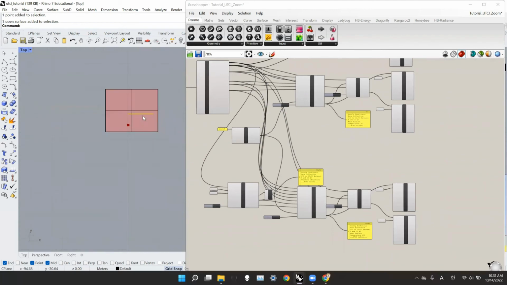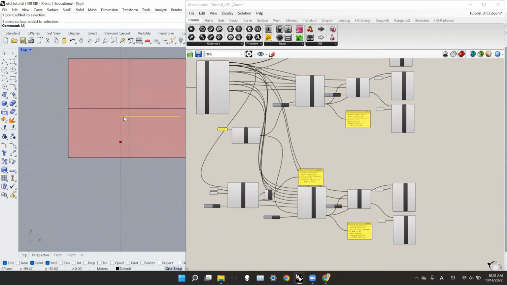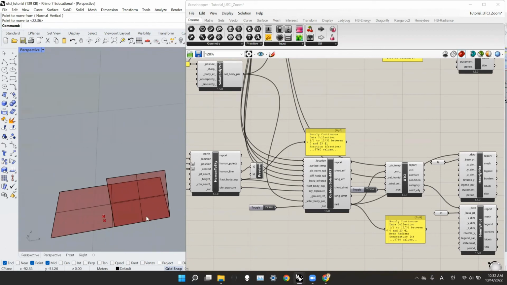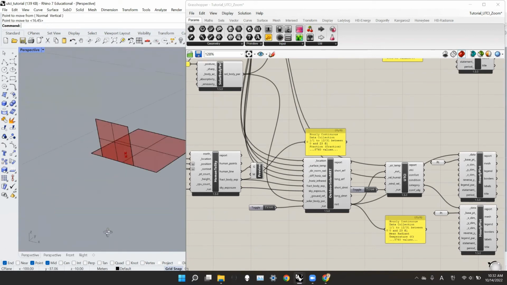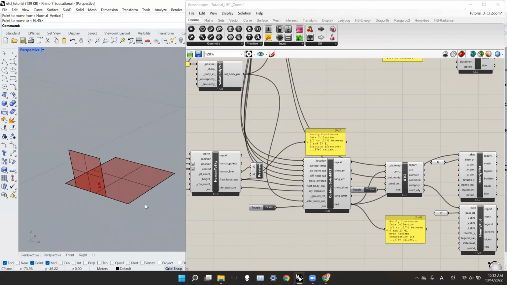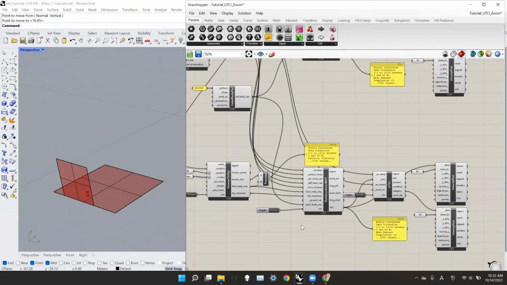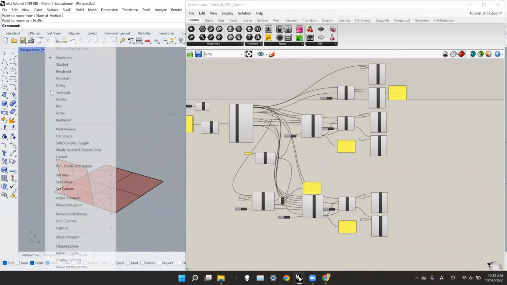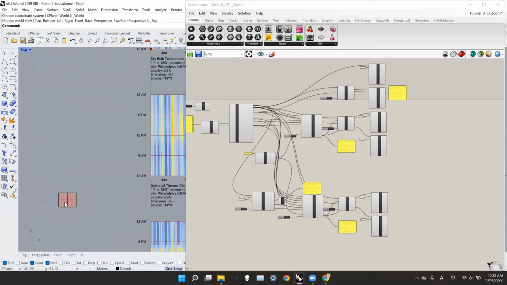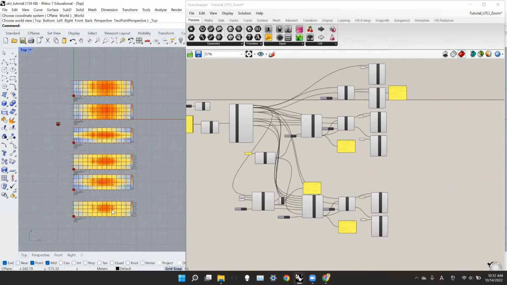Okay, then what if I move this one? Let's put this surface here and then see what happens when the sun is blocked. So the sun is blocked, the graph should have been recalculated.